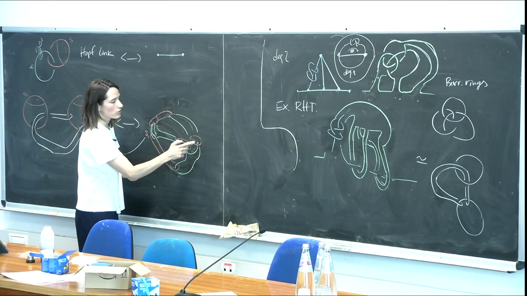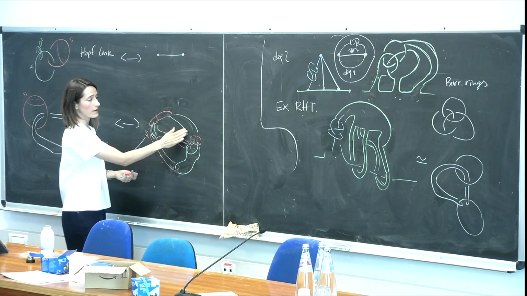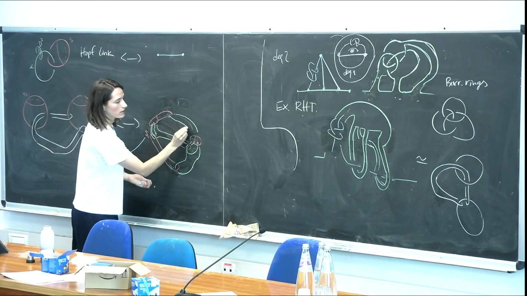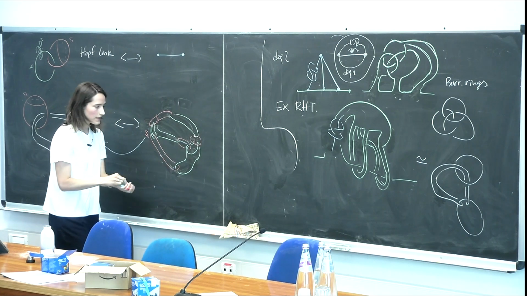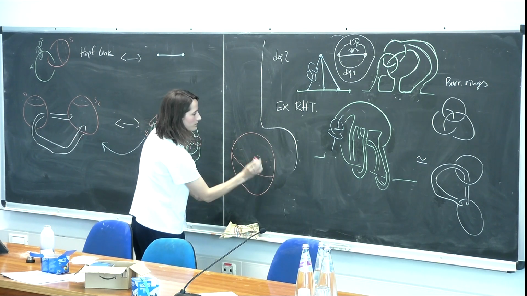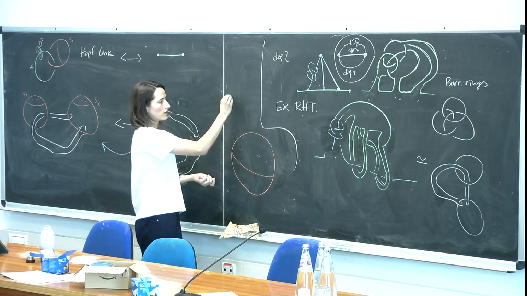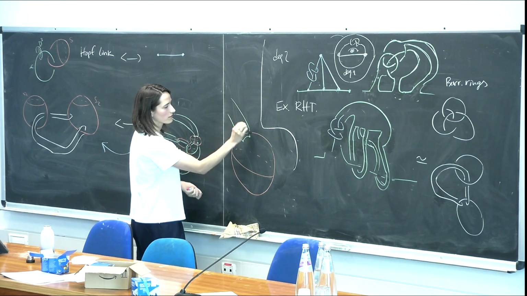So what I can do is I can foliate this sphere by a one parameter family of circles. So this circle comes here, attaches to 2 points, and then does the following. So here's a circle coming like with this finger here, attaches to this arc. This doesn't look smooth, but don't worry.